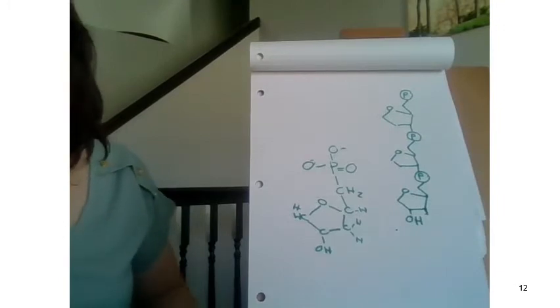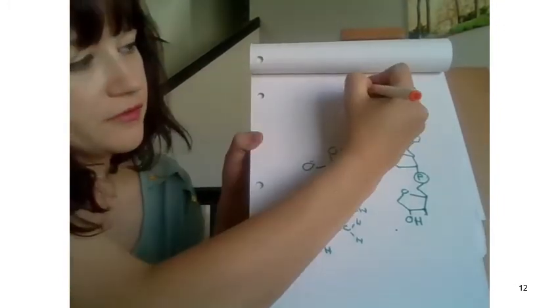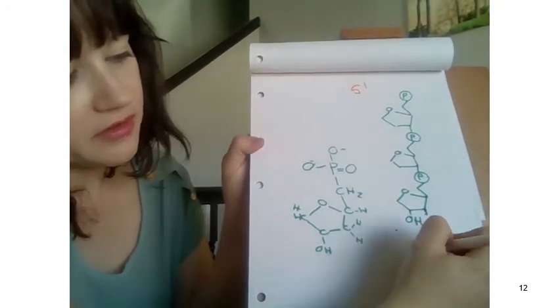Now, this end of the DNA is called the 5' end, and this end is called the 3' end.